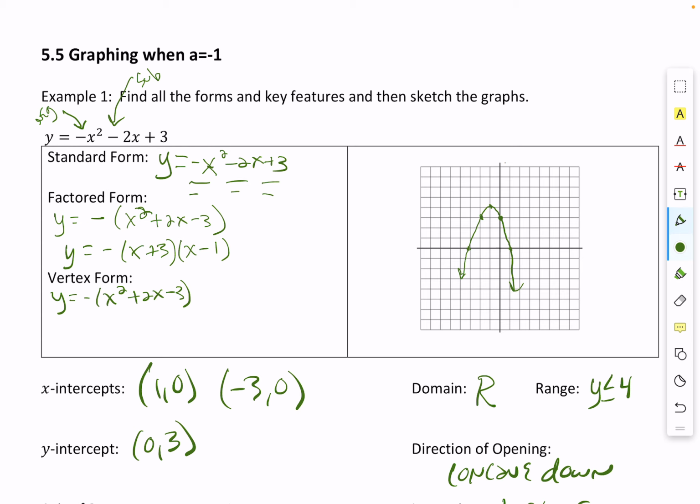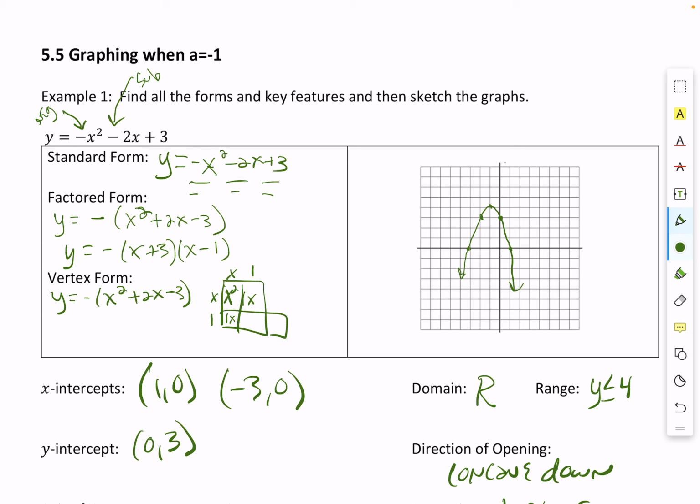Now when I do my vertex form, when I do my extra box, I'm only going to worry about what's in the parentheses for now. So where do I start? Divide the 2, good. So I'm going to have x squared, 1x, x plus 1, x plus 1, right? We get all of that just by taking the 2x and cutting the 2 in half.